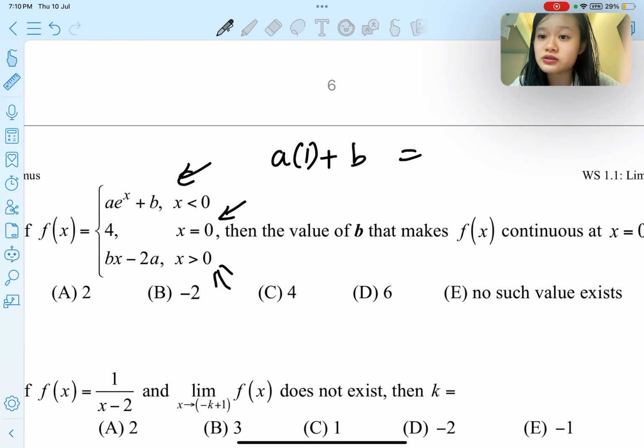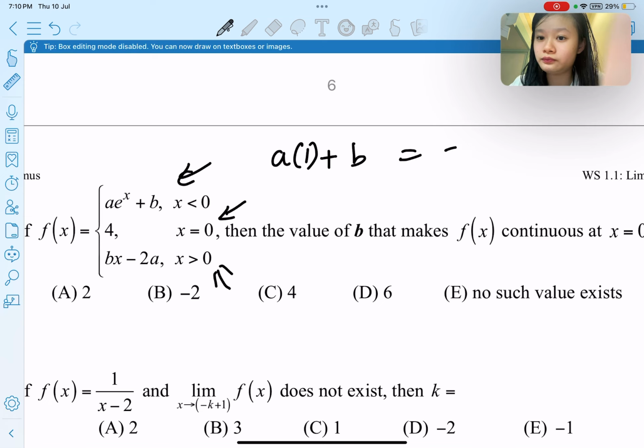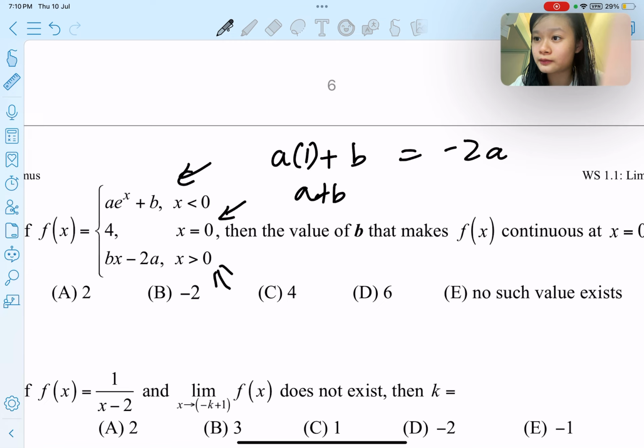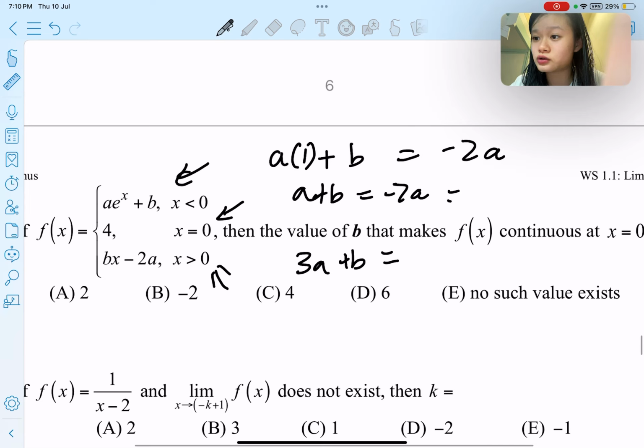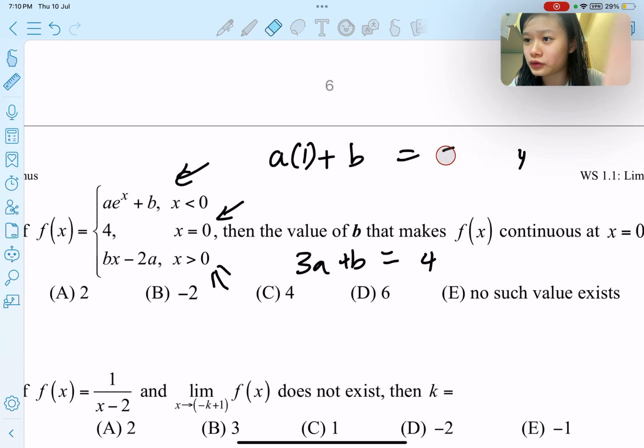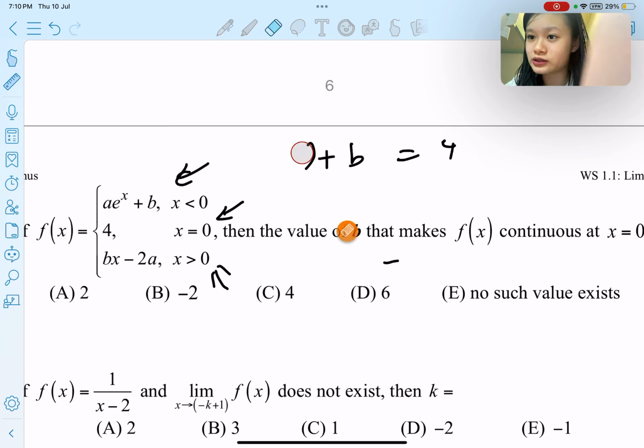And the other side is b times 0, so negative 2a. Sorry, no, this is a system of equations, so you can't make it all equal. My bad. So a plus b equals 4, that's your first equation.